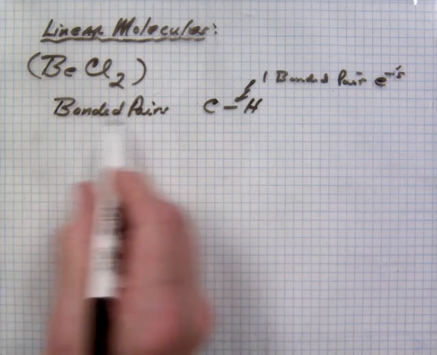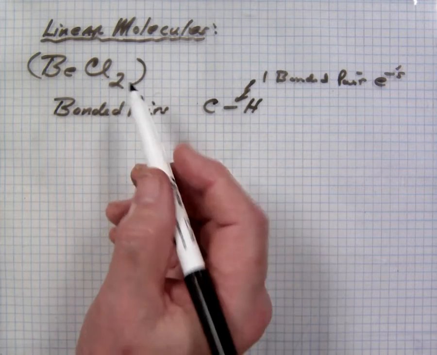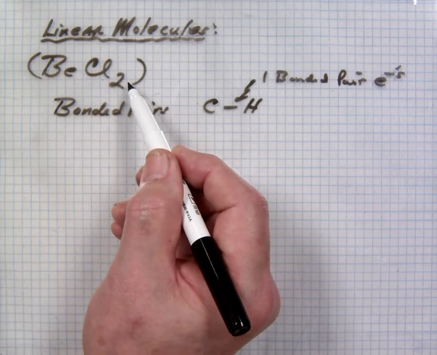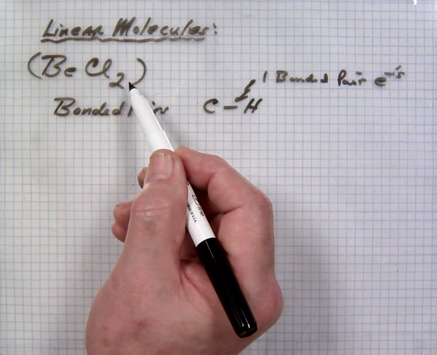And how do you tell how many bonded pairs? Well, it's real easy. There's no calculation here. Look at the structure, the formula. The subscript of the substrate tells you how many bonded pairs you have.